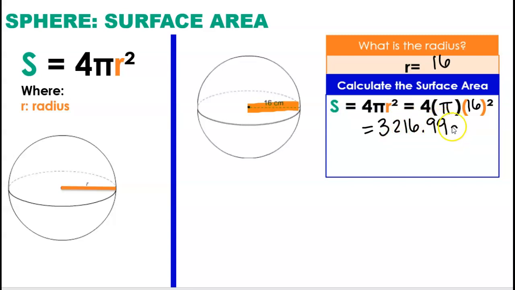This is surface area, so it's going to be centimeters squared. And remember, surface area is on the outside of your sphere, okay? The outside of your sphere. So it'd be like peeling an orange, okay? The rind or the outside of your sphere, your orange, that's the surface area.